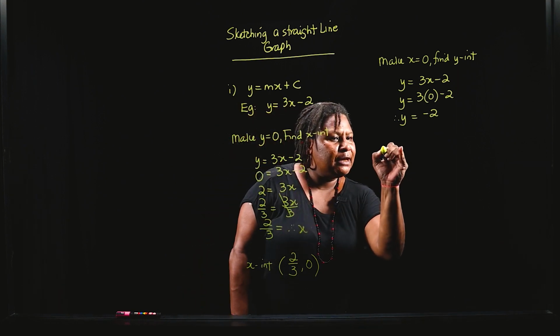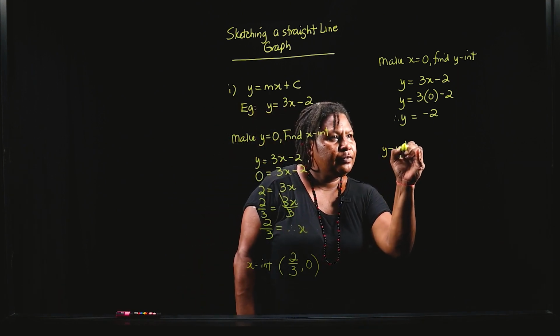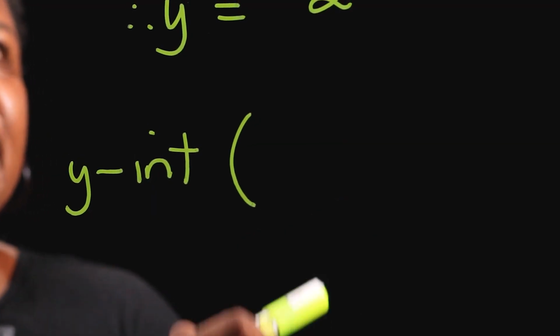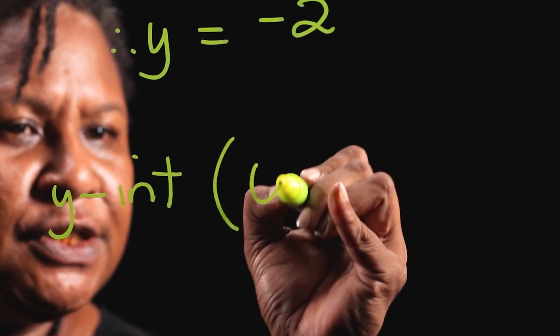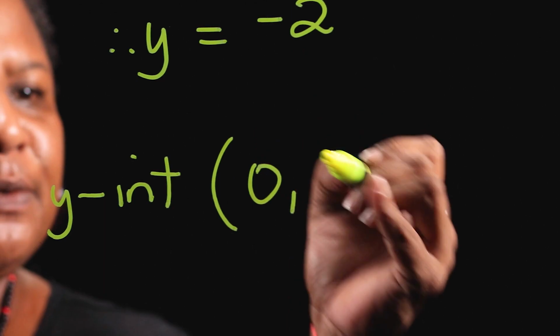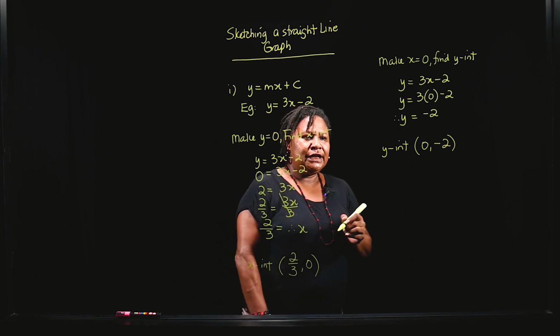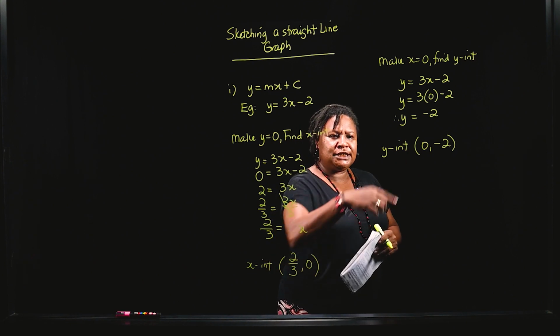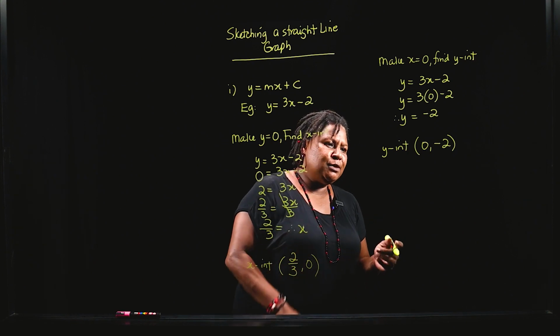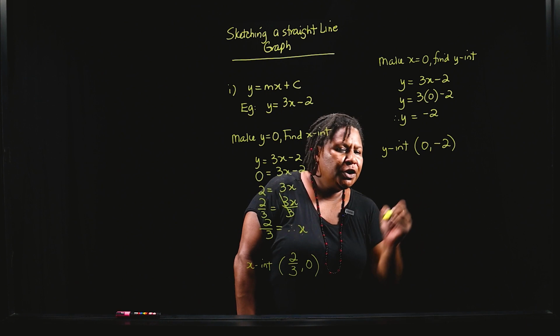Our y-intercept will be, x here is 0, so 0, and our y-intercept is negative 2. So now that we have 2 points, we will draw our Cartesian plane, but we don't need to write all the numbers on the scale.